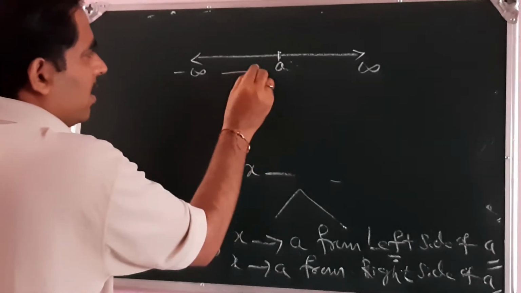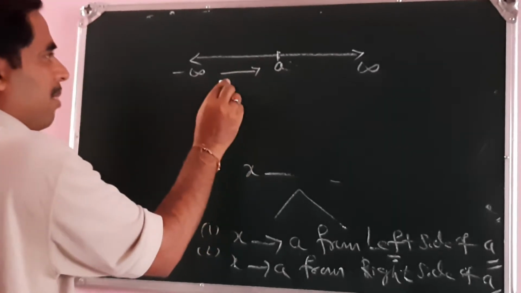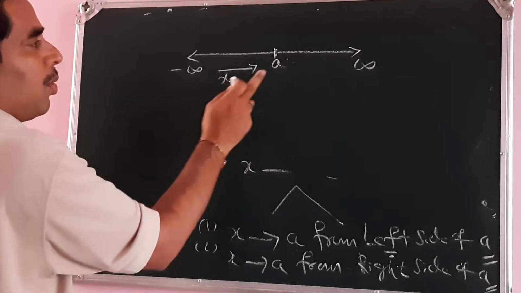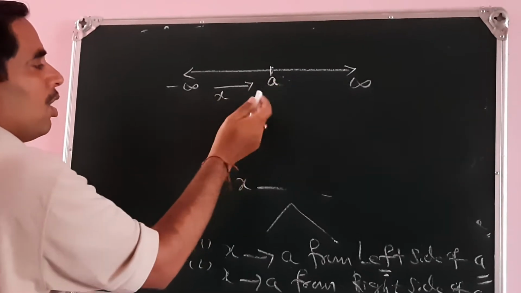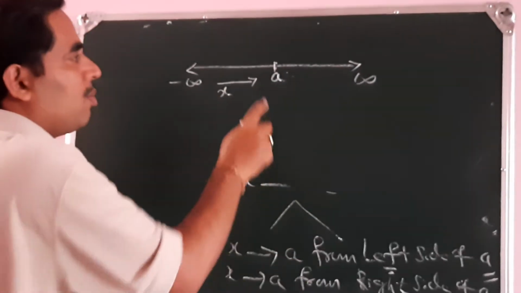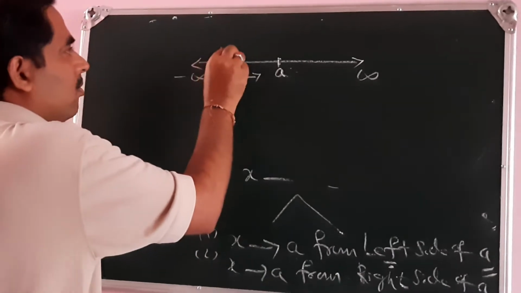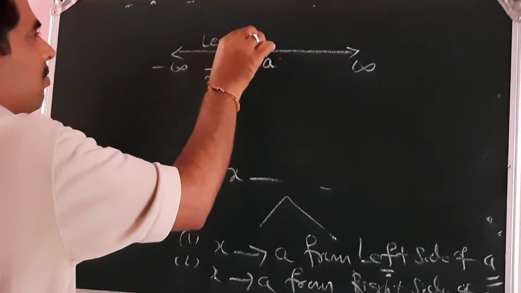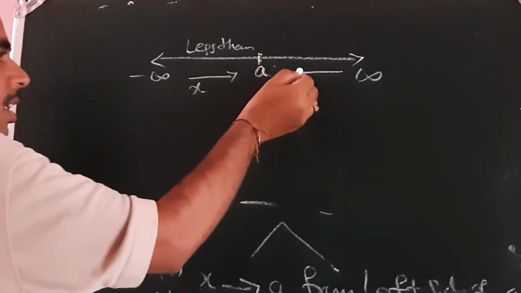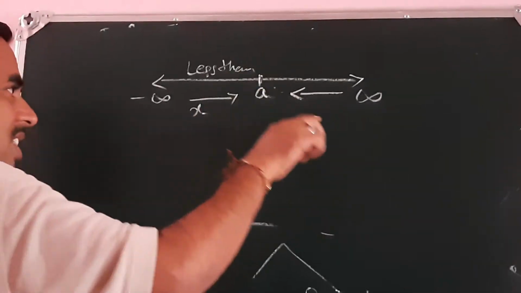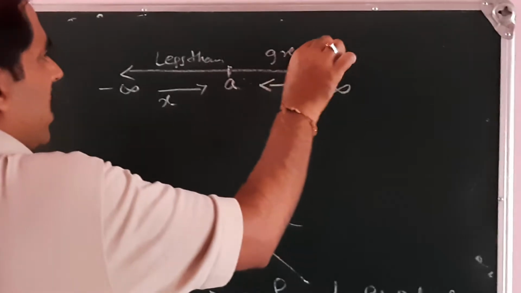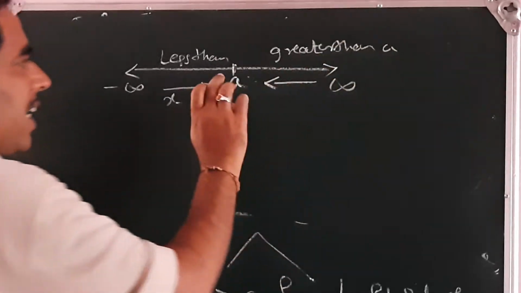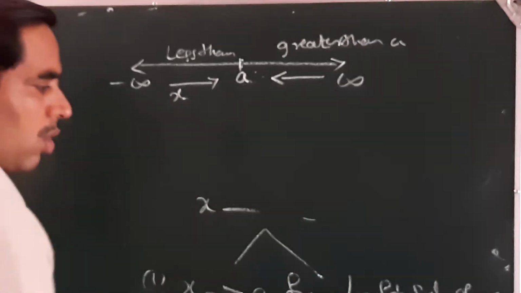From the left side of a means x approaches a from the left side, so you consider all the points which are less than a. Then x tends to a from the right side of a means we consider the points which are greater than a.